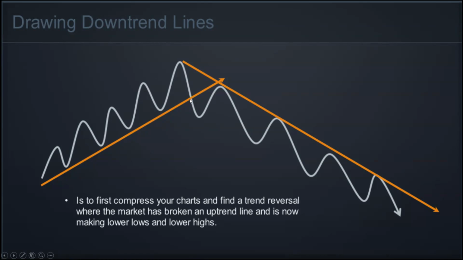Instead, it breaks the trend line, and it didn't just stop by breaking the trend line. It came and broke the A. This is your A, B. When the market takes out the A, take note, something is about to happen.